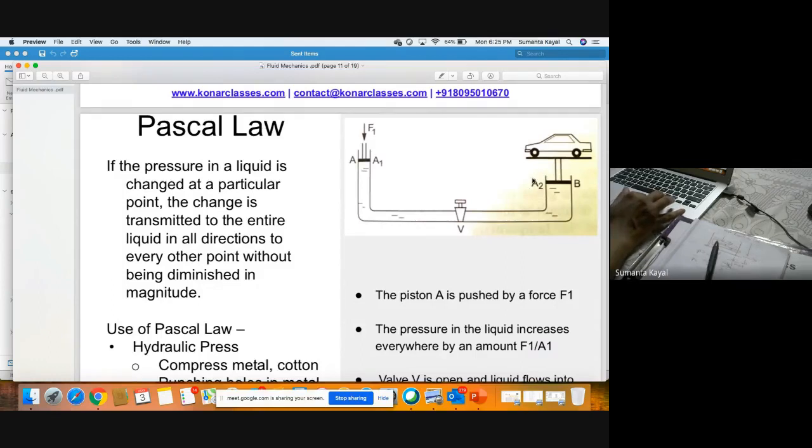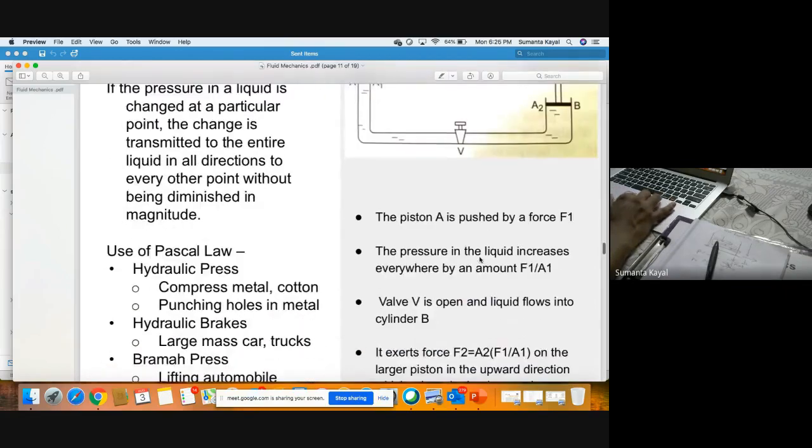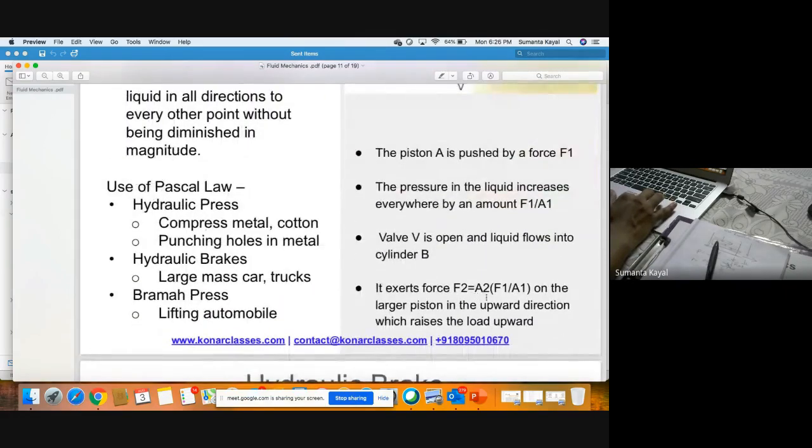This is multiplied by the area in this case. F1 by A1 is coming here also, as Pascal's law has said. Now F1 by A1 into A2 will be the force on this column. So F2 equals F1 by A1 into A2.